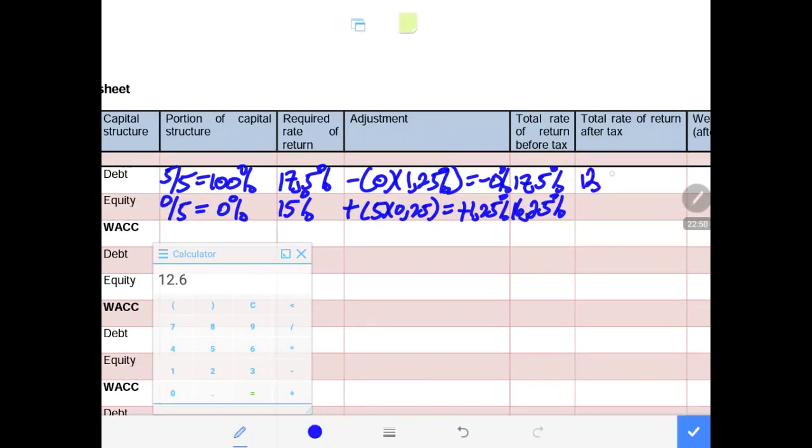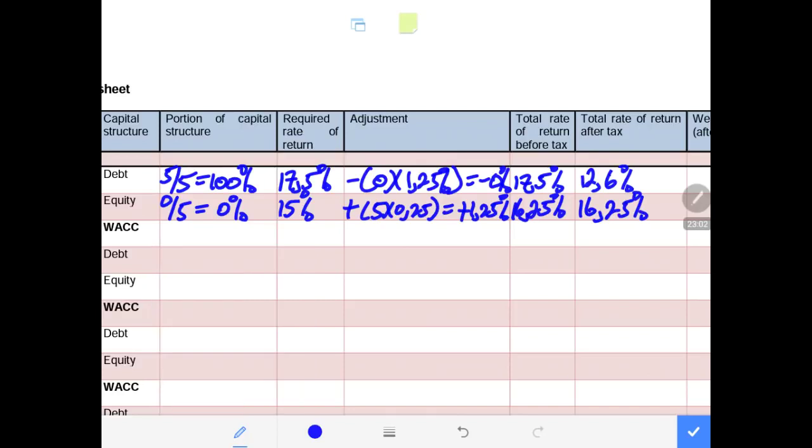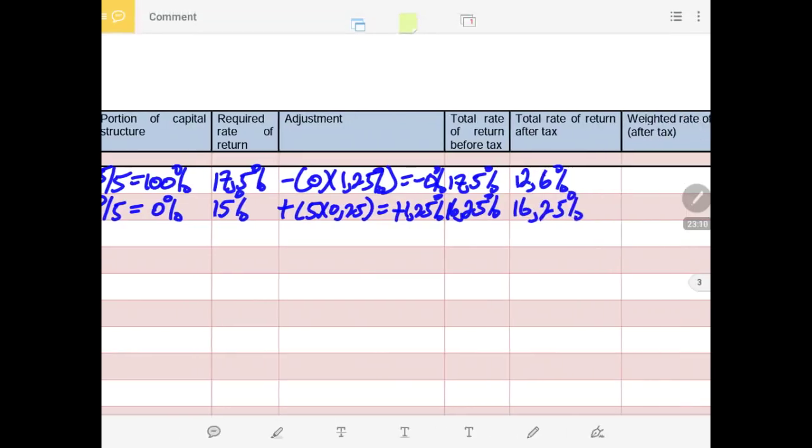Our after tax is 12.6%. And here we will have no after tax, but it will be 16.25% as the return after adding the increment of 0.5 by the number of 75,000 rands that were not taken through equity but taken through debt.